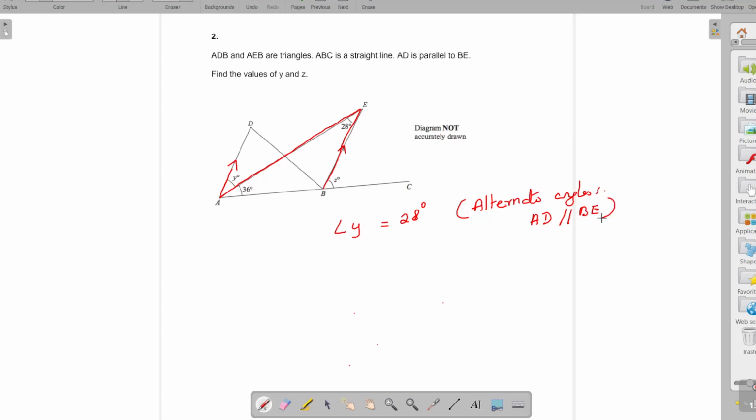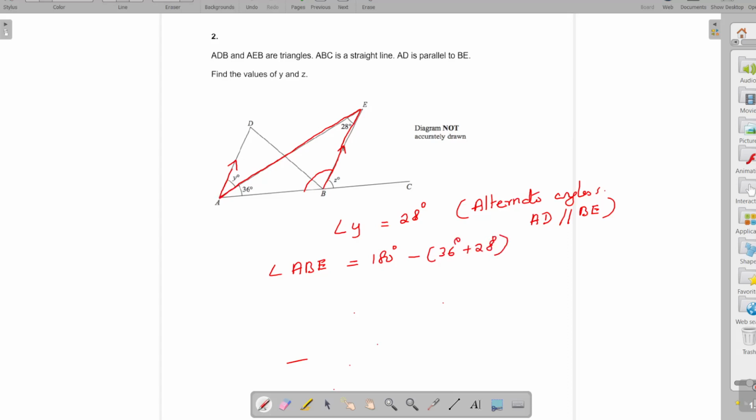We have found the y, we need to find the z. So now we know angle ABE, we can find this angle, angle ABE. Angle ABE will be 180 minus 36 plus 28.